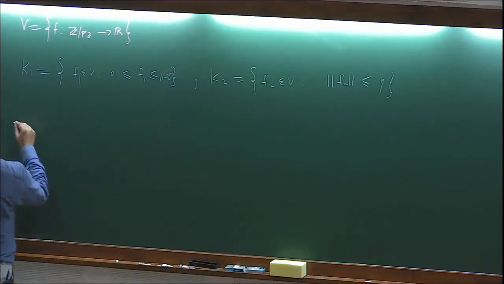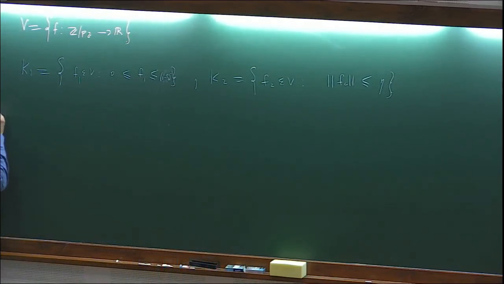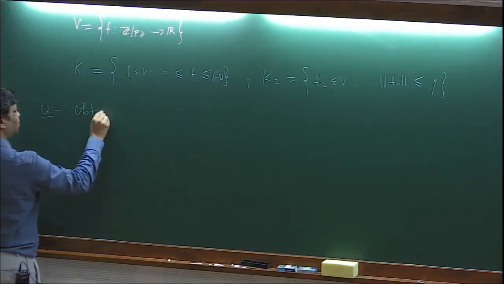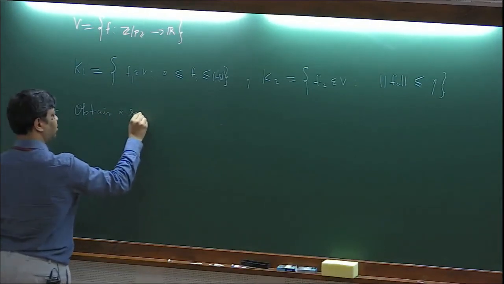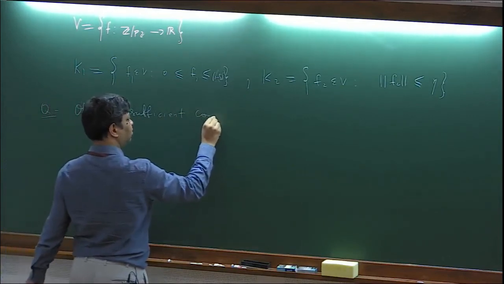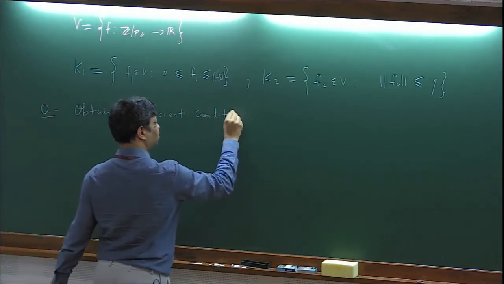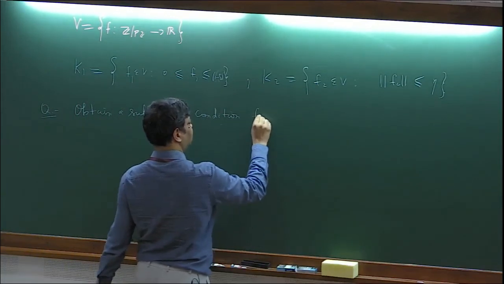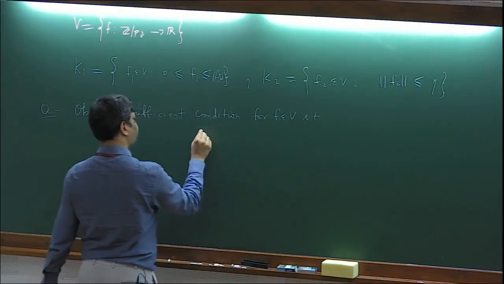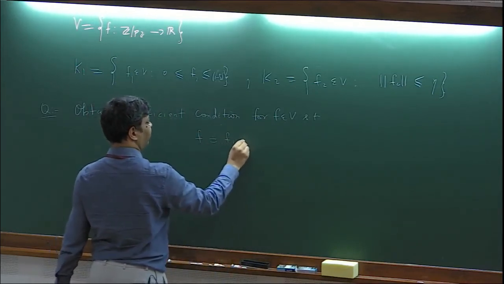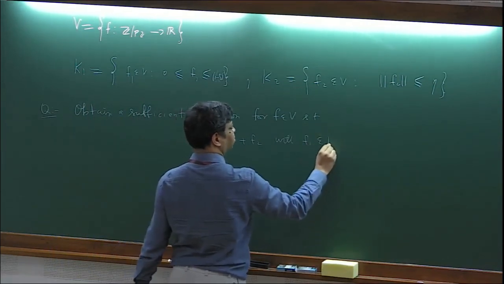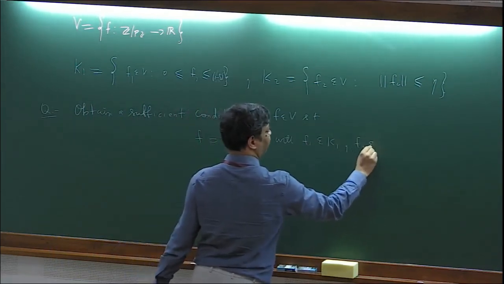So we want to write, for f belonging to V, f is equal to f1 plus f2 with f1 belonging to K1 and f2 belonging to K2.